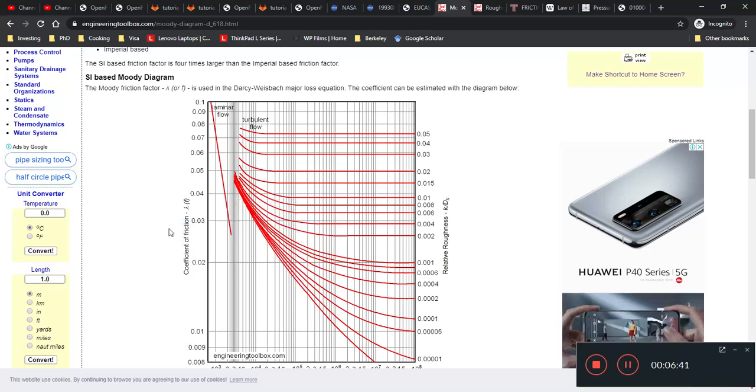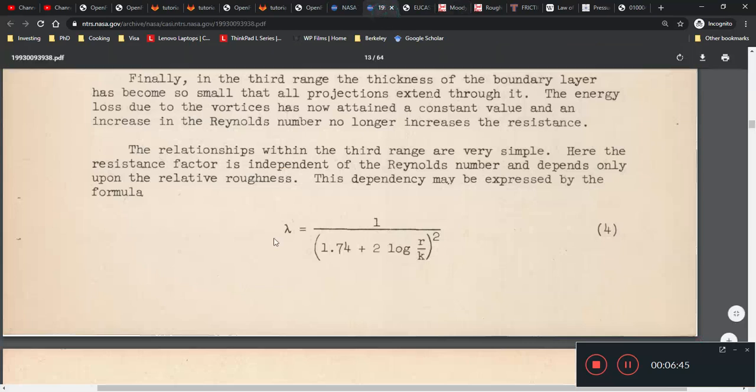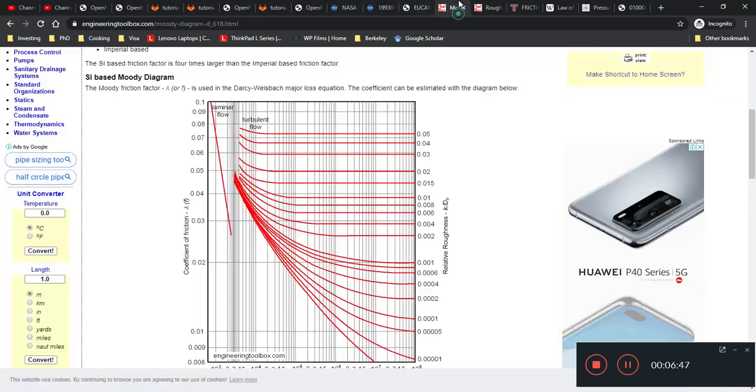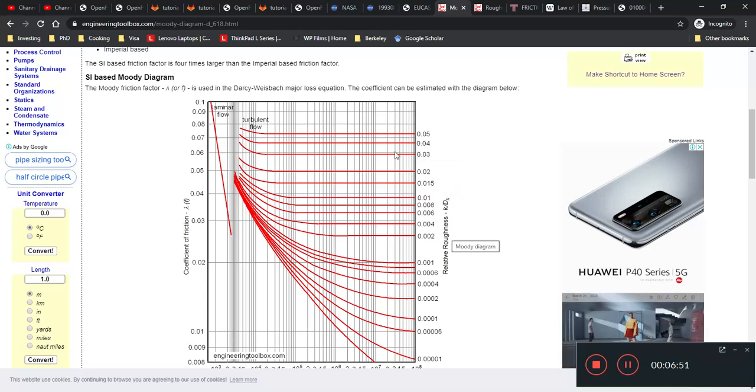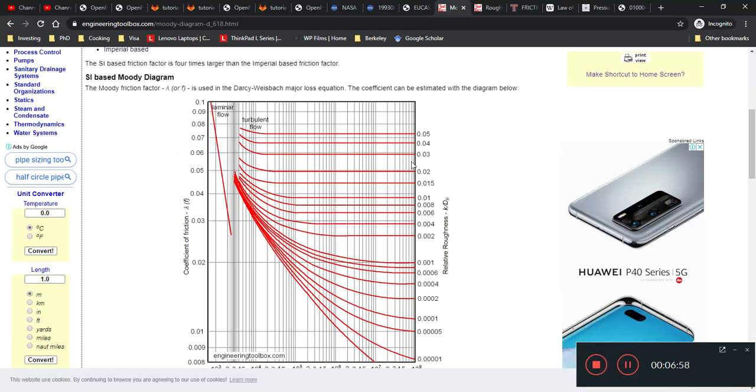Okay, so based on that, we can sort of do a simple comparison. Alright, over here we have, at fixed values of relative roughness, we can simply read off the coefficient of friction, see, 0.06, for roughly a relative roughness of 0.03.